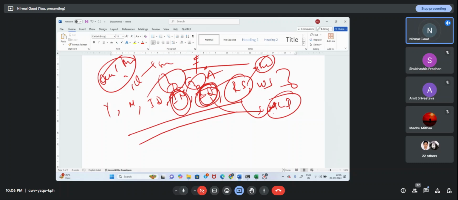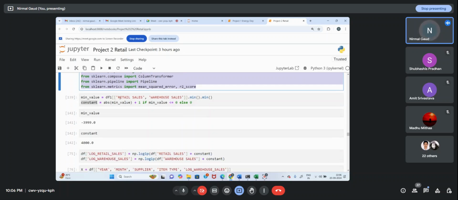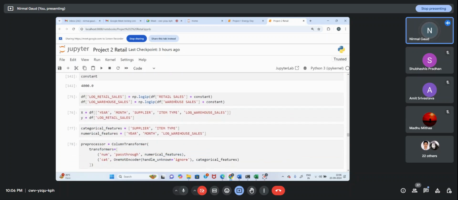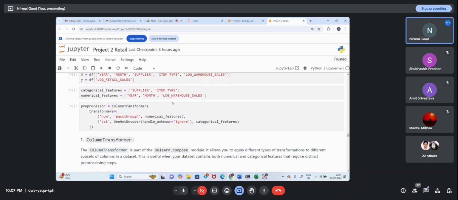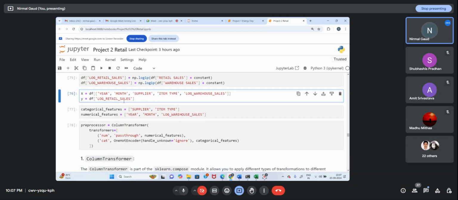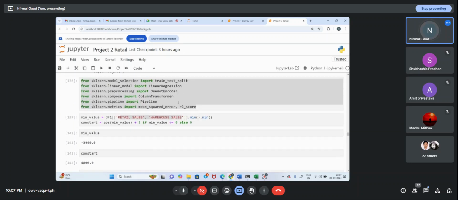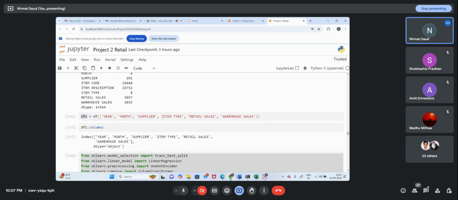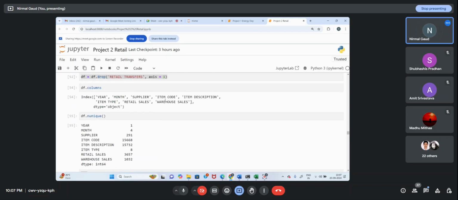So in the next case, what I decided, wait, let me tell you. I took only the features year, month, supplier, item type, and warehouse. I didn't consider item code and item description.